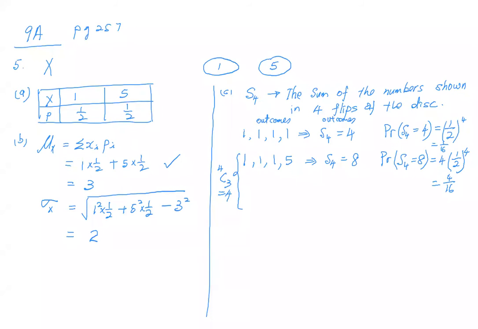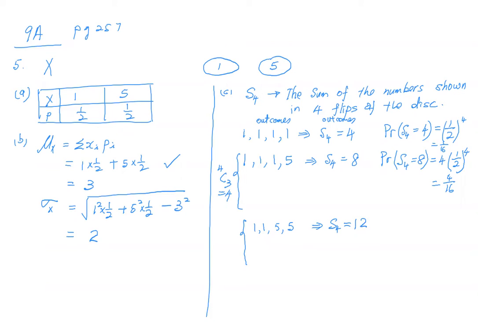So now I also can get two 1s and two 5s. All right, so what will the value of the S4 be? 12. Phoebe, what is the value of the S4 now? 12. That is 1 plus 1 plus 5 plus 5.